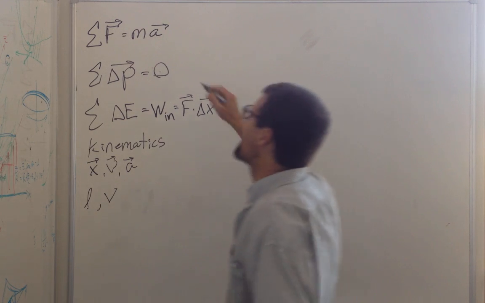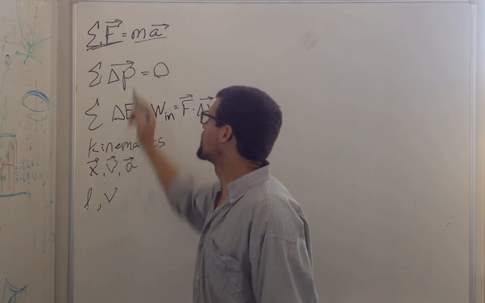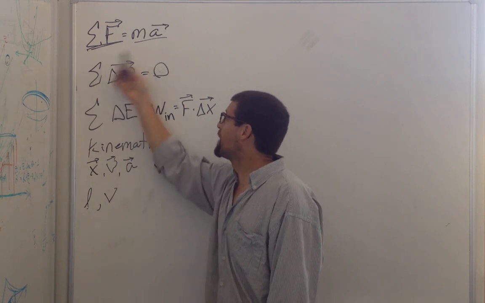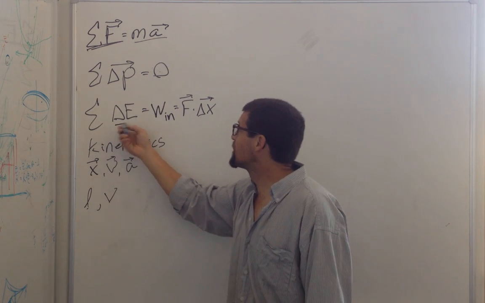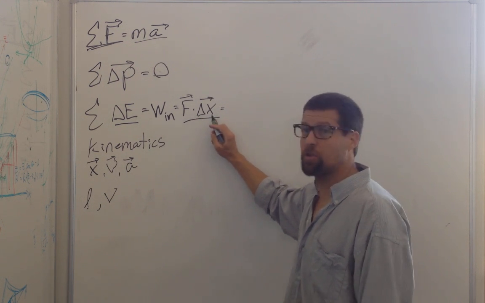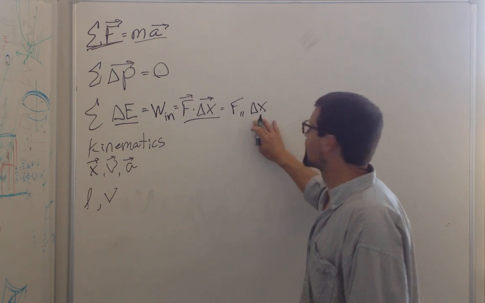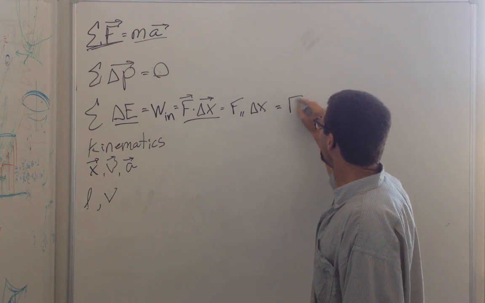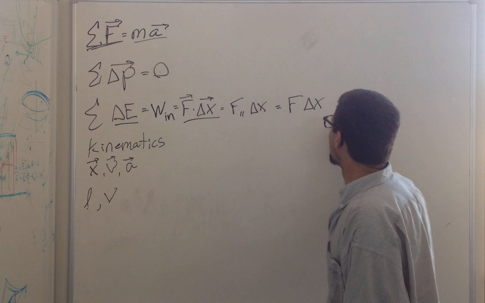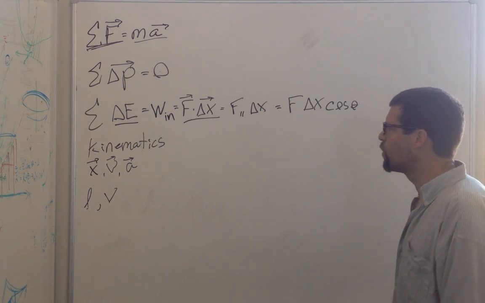Okay, so what we've seen is it's very important to recognize that forces are vectors that need to be added like vectors. Momenta as well. Energy is a scalar, and the work done is a dot product of these two vectors, such that it's the parallel component times the displacement, or force times delta x times the cosine of the included angle in between.